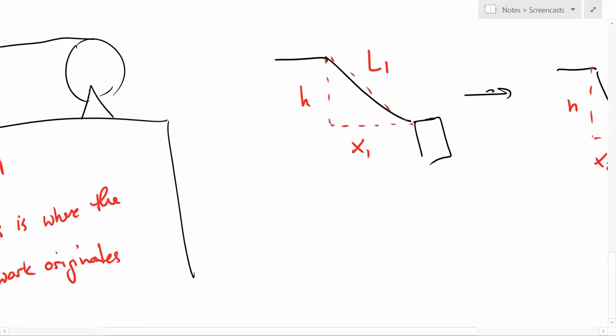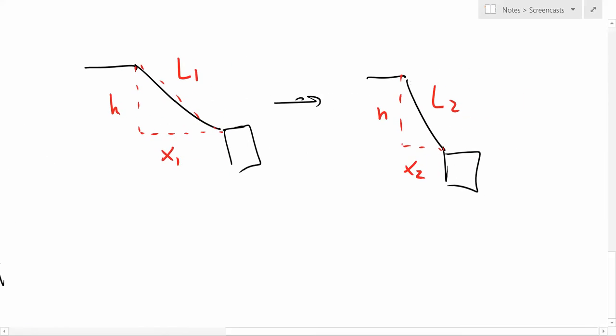So how much rope is pulled over the pulley as it moves from x1 to x2? This L1 minus L2, as I've defined it here, is the amount of rope that's pulled over the pulley. And so since the rope is being pulled at constant force, and this is the displacement effectively, that's the amount of rope that's been pulled over, you could just say this.